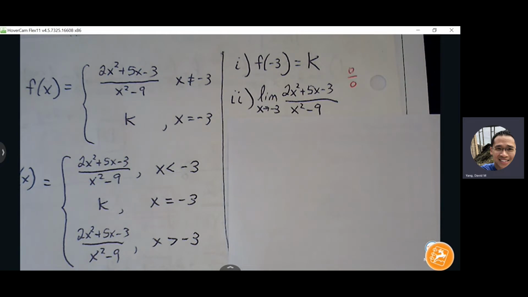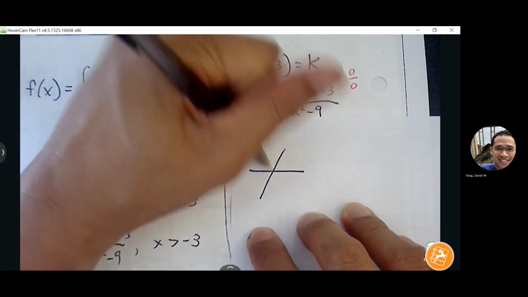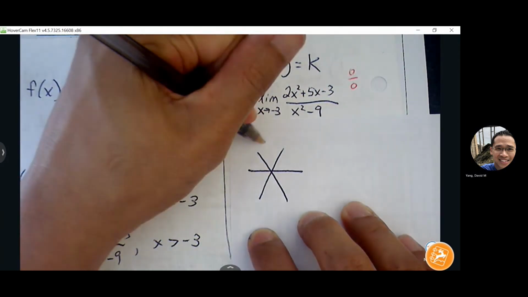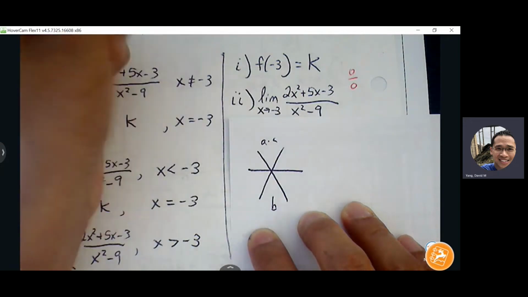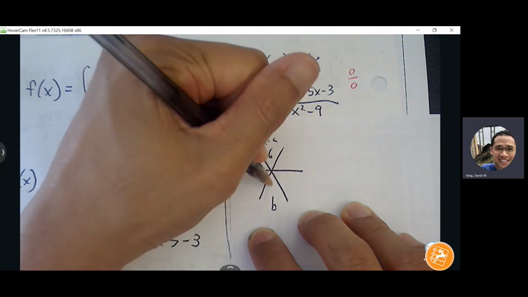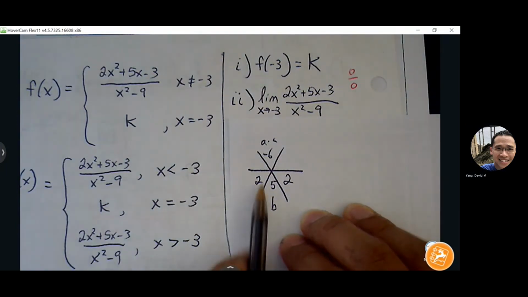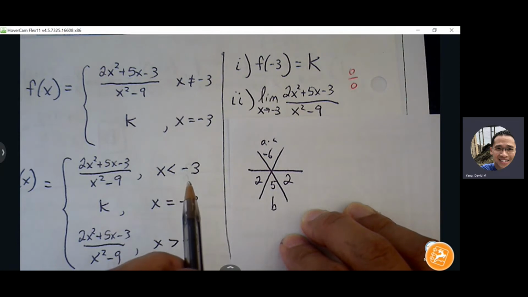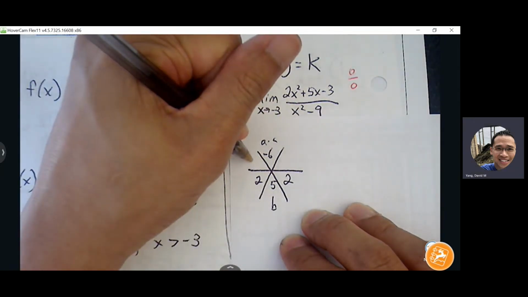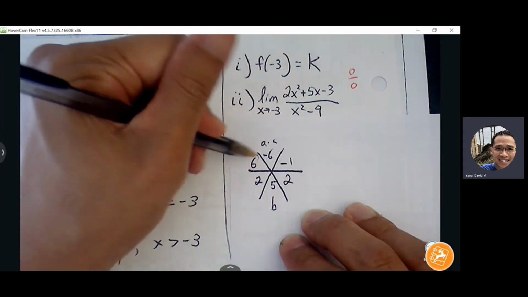So a factor, right? So factoring, a times c goes above, b goes below. Two numbers that multiply to be -6 and add up to be 5. So what two numbers multiply to be -6? 6 and -1, right? 6 times -1 is -6, 6 minus 1 is 5.